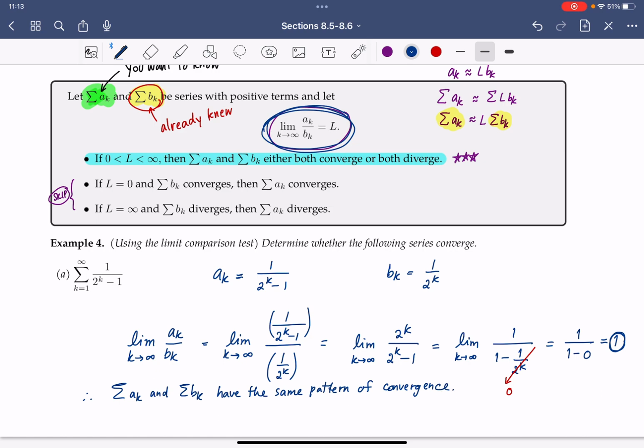So if you want to know whether a_k is convergent or divergent, you can take a look at b_k. So b_k here, convergent or divergent? It must be convergent, right, by the geometric series. Sum b_k is the sum of 1 over 2 to the k. This is actually convergent by the geometric series.